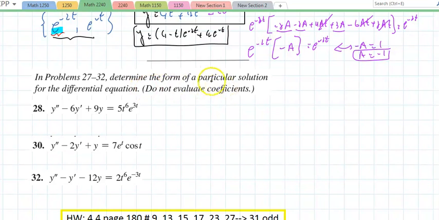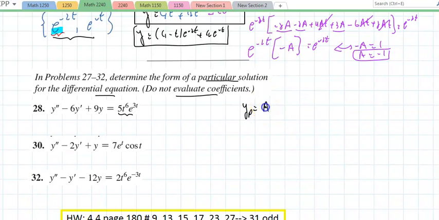They say determine the form of the particular solution of the differential equation, do not evaluate. So if I look at the particular solution in each case, what I really need to figure out is that the particular solution in this case is 6th degree. How do you write a 6th degree polynomial?